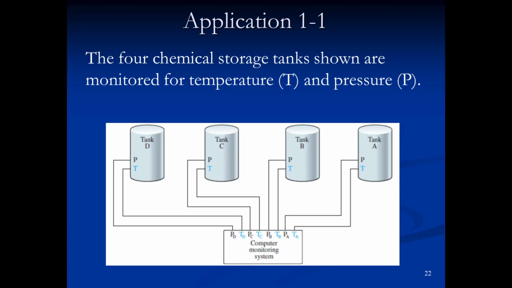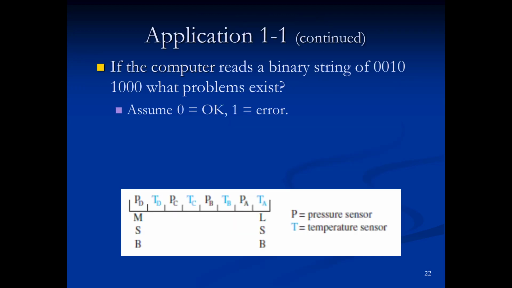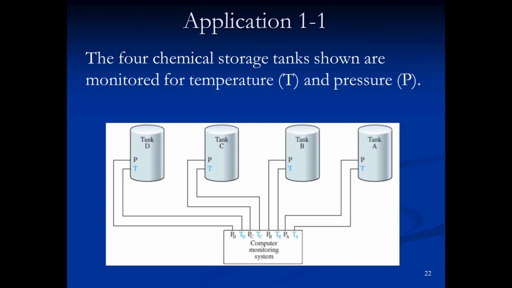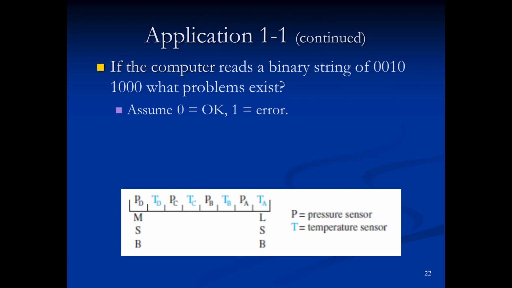And if temperature or pressure goes outside of normal bounds, it is to trigger some sort of fault in the computer system. So if we think about how we want to organize these, because we have 4 tanks with two sensors each, the total is 8 different possible inputs to this computer system.